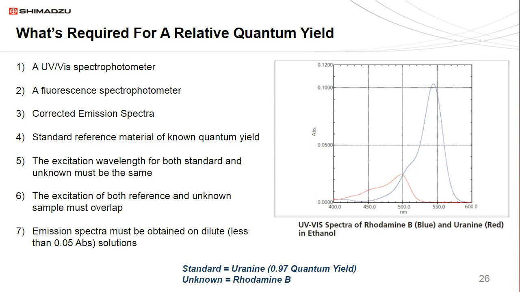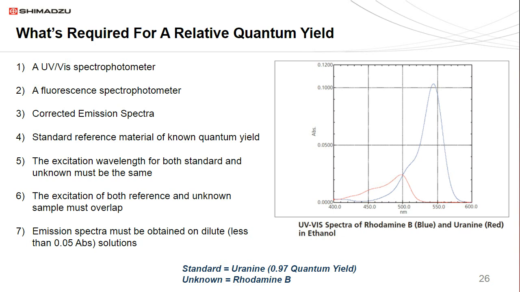Now, a relative quantum yield is not a difficult measurement, but it has a lot of moving parts. What you need to make a relative quantum yield is a UV visible spectrophotometer and a fluorescence spectrophotometer. So you need two instruments. You need the corrected emission spectra. You need, as we talked about in the previous slide, a standard reference material of known quantum yield.